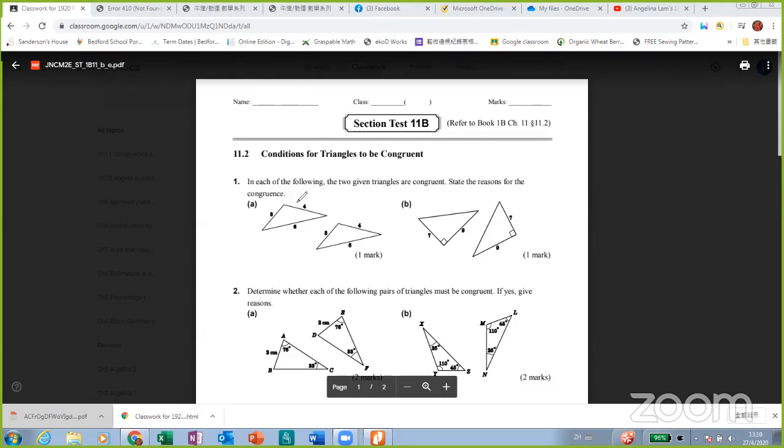Now for this one, question 1, you can see that for these two triangles, this pair of sides, they are equal. And then these two are equal.